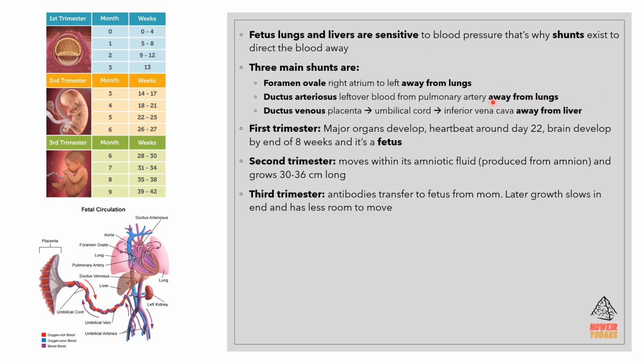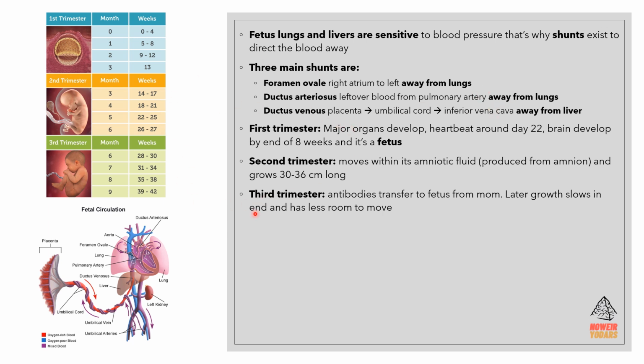So we've got two away from the lungs, one away from the liver. For ductus venosus, you can just remember venous and liver. Louis Vuitton, LV: venous and liver. Then you've got ductus arteriosus, leftover blood from an artery away from the lungs, and the ovale is right atrium to left, away from the lungs.